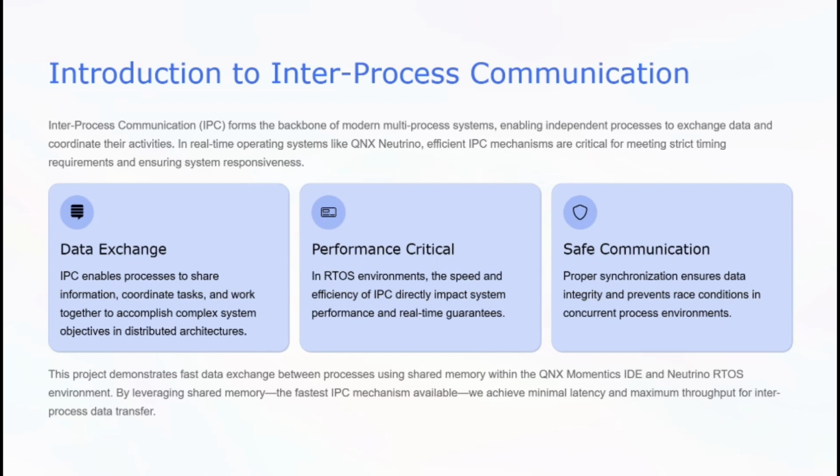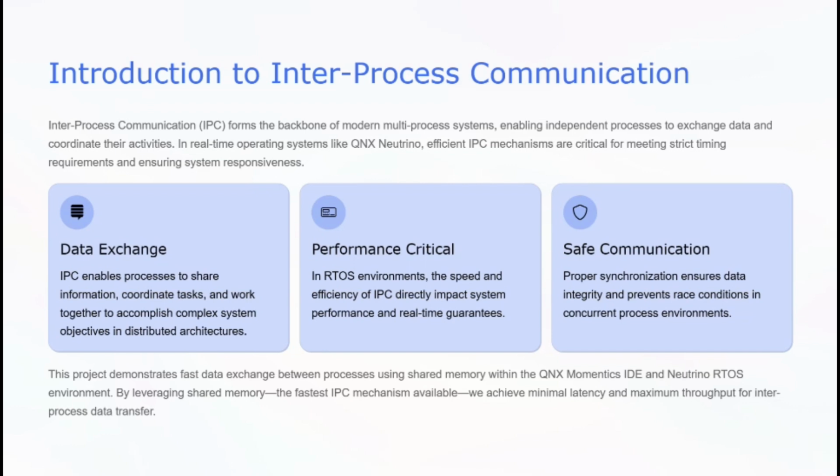The first is data exchange: IPC enables processes to share information, coordinate tasks, and work together to accomplish complex system objectives in distributed architectures. We'll discuss this in detail on the next slide.